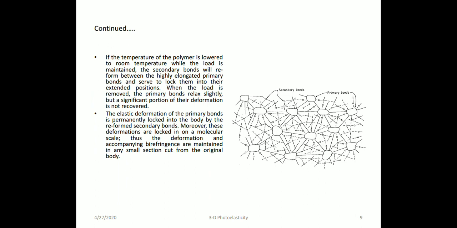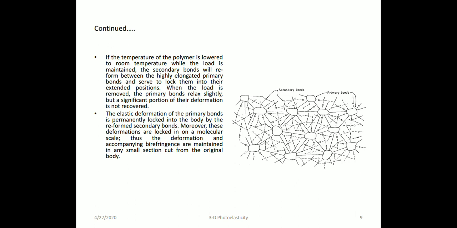If the temperature of the polymer is lowered to room temperature, again we are coming back to the original temperature, while the load is maintained, we are keeping up the load as usual, but we are lowering the temperature. At that time what happens, the secondary bonds will reform between the highly elongated primary bonds and serve to lock them into their extended positions, right? It will try to regain its original shape.